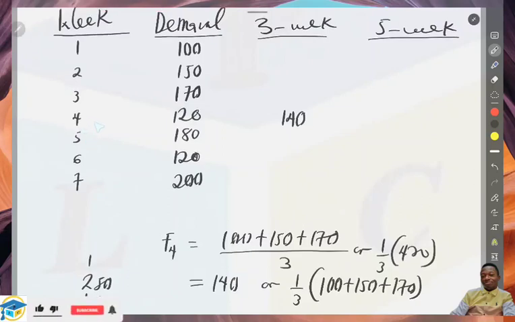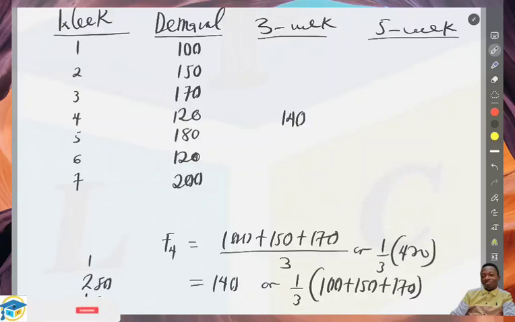So for the forecast for week 5, since we are talking about the most recent data, we are not going to use data that is 4 weeks ago, because we are talking about a 3-week moving average. So we make use of the most recent data based on a 3-week moving average, right?